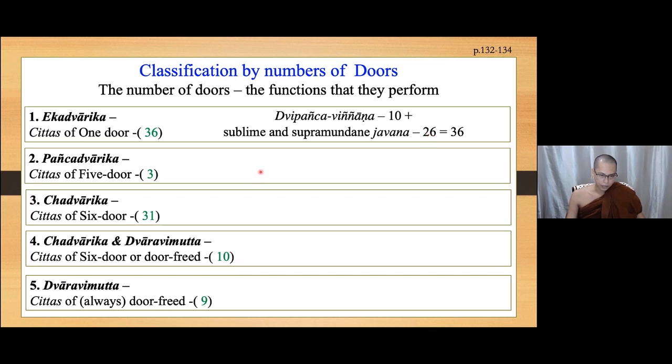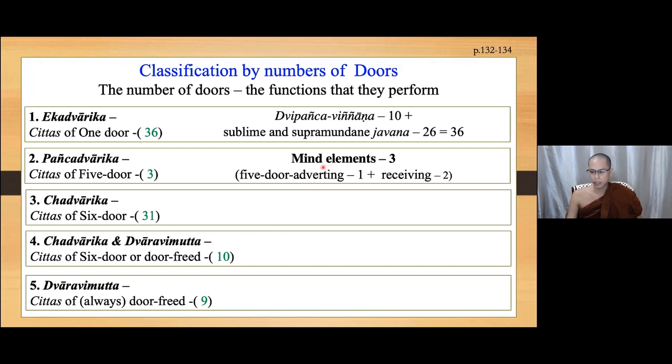Then for the second group, what are the consciousness related to only the 5 doors, not related to the mind door? They are mind elements. You may remember the triple mind element refers to the 5 door advertence 1 and receiving 2. Manodhatu: Panchadwaravajjana and Sampaticchana 2.